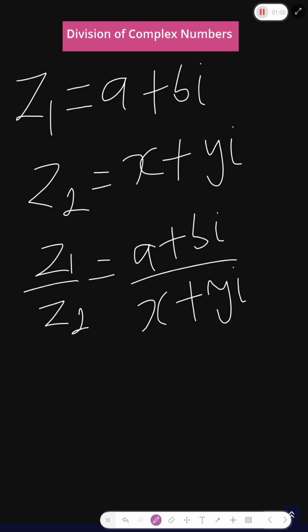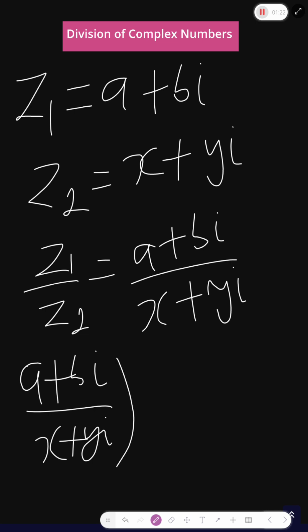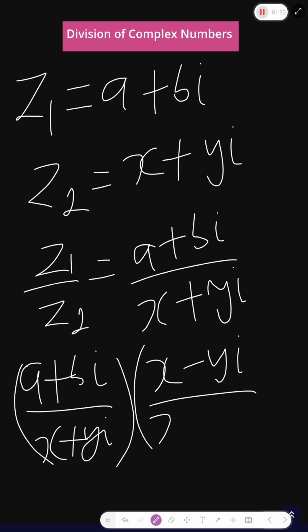To simplify this, what you're going to do is multiply both the numerator and the denominator by the conjugate of the denominator. So you're going to have a plus bi over x plus yi, all multiplied by the conjugate of the denominator, which gives us x minus yi over x minus yi.